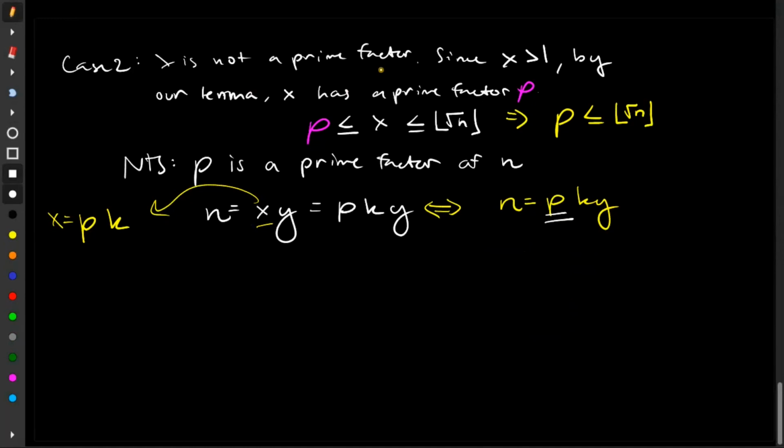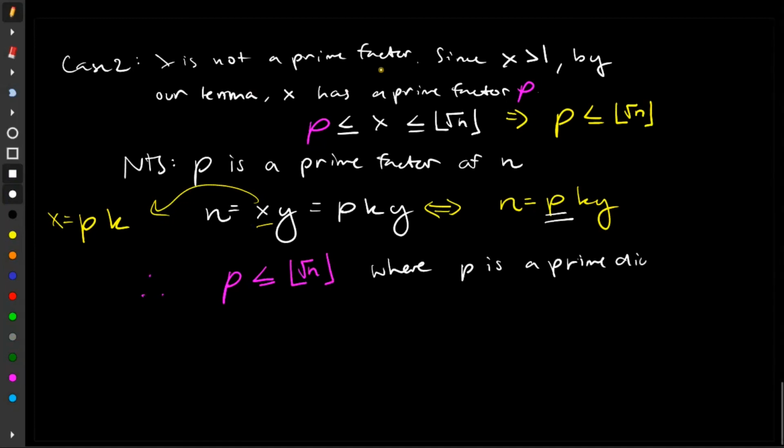But we have shown that this one is a factor. So we have shown here that indeed P, this is simple to conclude, so P is at most the floor of the square root of n, where P is a prime divisor of n.